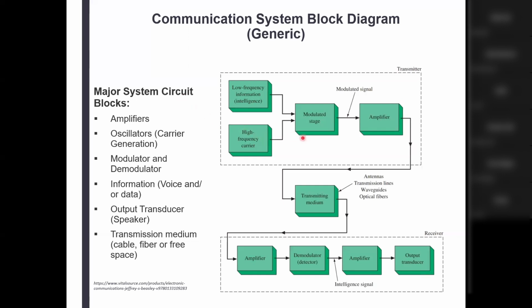If it is digital, usually the processing within, transmission, receiving and processing again, that could be done in a digital way.